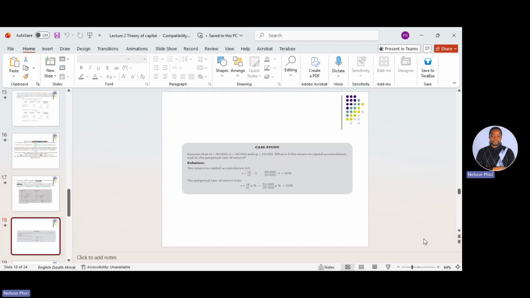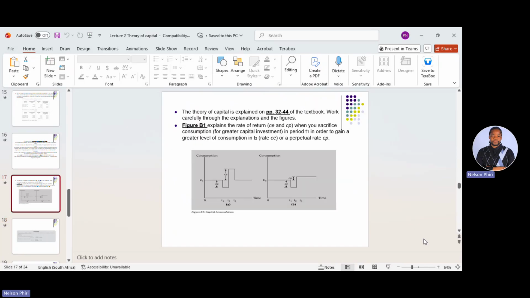That is your capital accumulation rate, which is R. Then for your perpetual rate, you take your CP, which is 10, and divide by CC, multiplied by 100, to get 50%. Important things to note: your current consumption is CC, consumption in time 2 is CE, and then your perpetual return is CP.